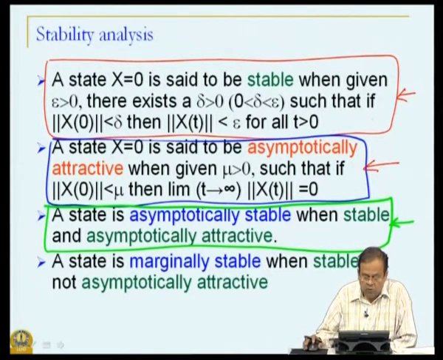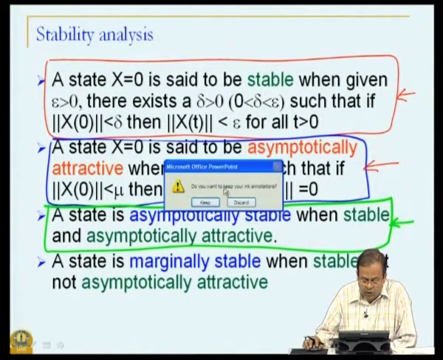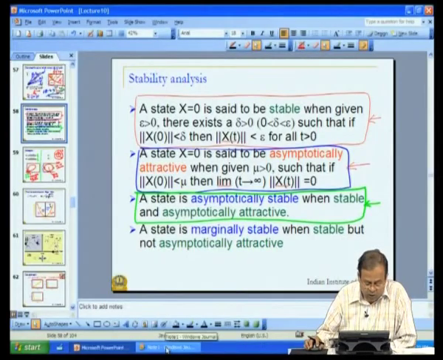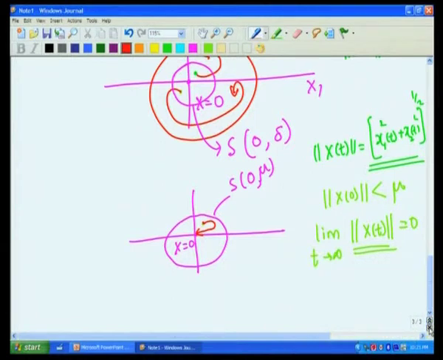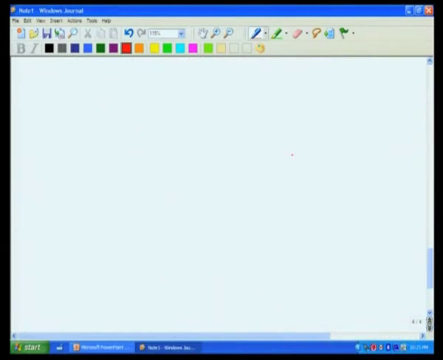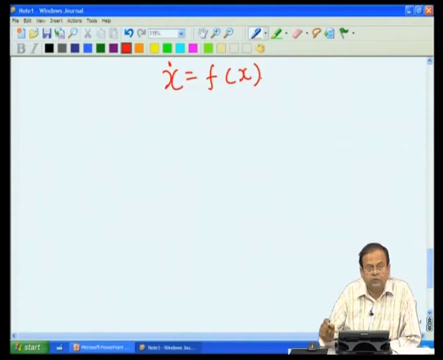Okay. So, now let us go back to our dynamics and try to see how we can find out the stability of a steady state for which we have a dynamics which is given by x dot equal to f of x.